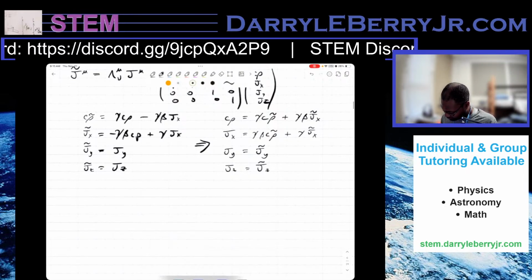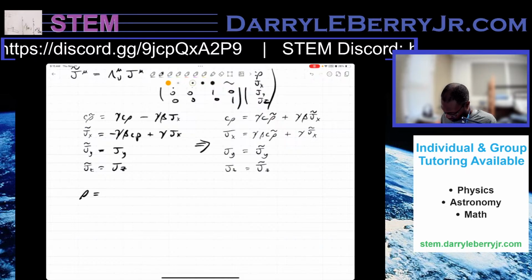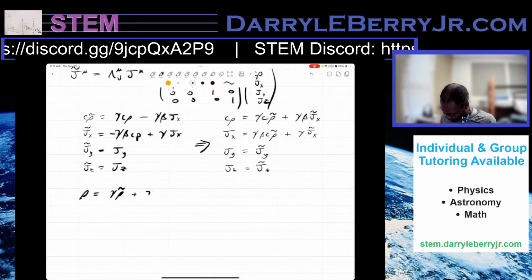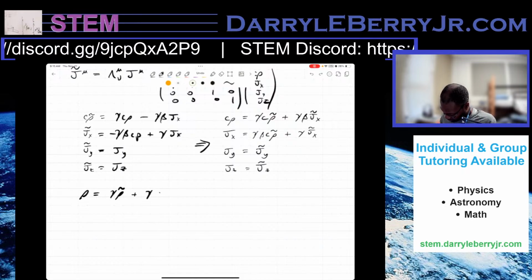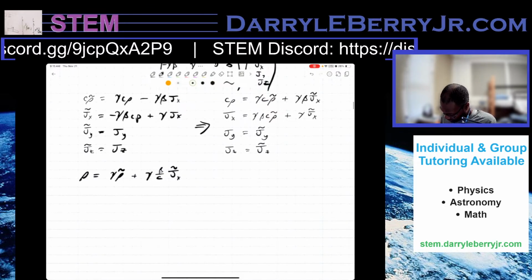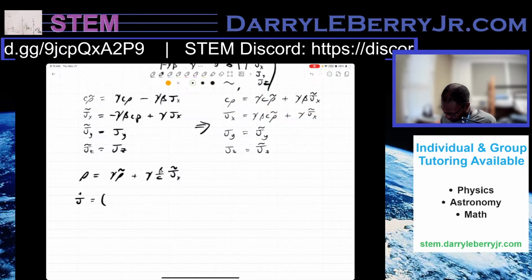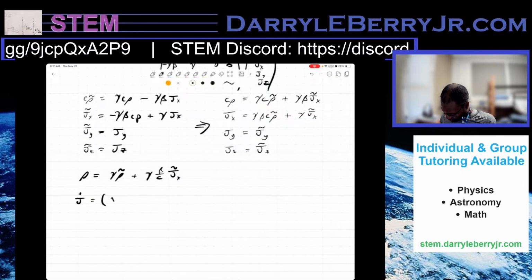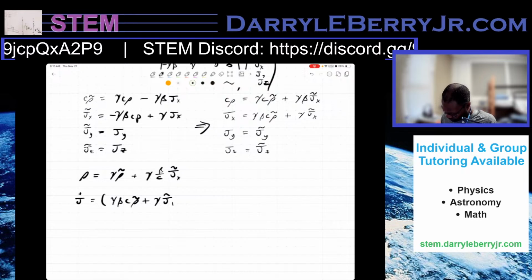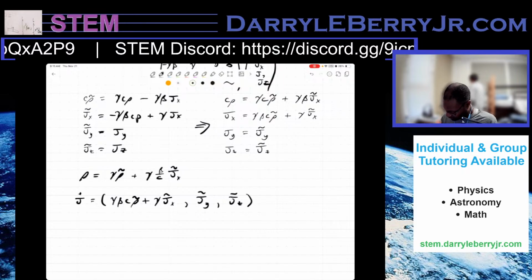So just write this out. You'll have ρ equals gamma ρ in the boosted frame plus gamma beta over c Jx in the boosted frame, and J would be gamma beta cρ plus gamma Jx, Jy, and Jz, all in the boosted frame.